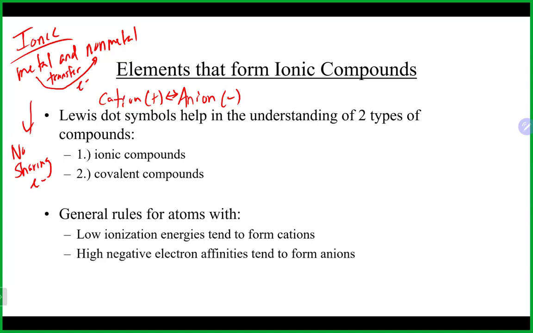Now, that is different than what happens, as we'll talk about through this chapter, when we form a covalent bond. And a covalent bond is typically between 2 nonmetals. And unlike ionic bonding, covalent bonding is all about sharing electrons.